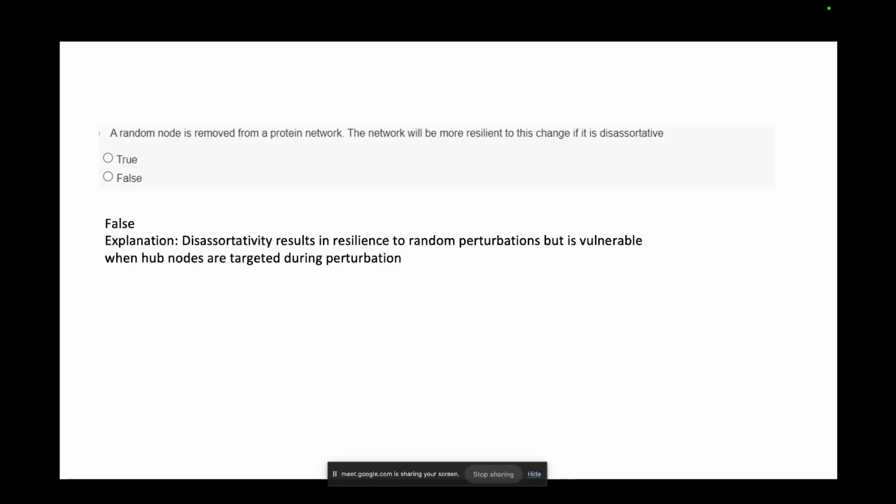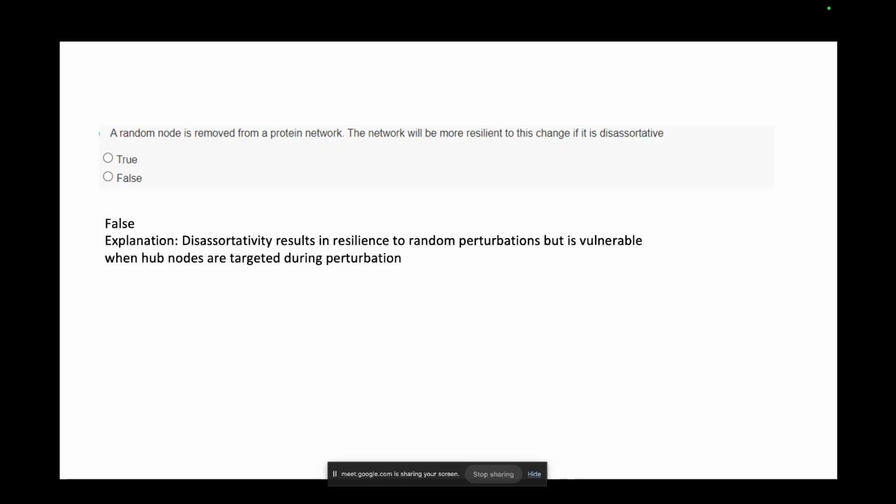I understand what you're saying, but the point is if you have a higher disassortative index, it means you have a lower resilience. So if your network is disassortative in nature, it generally has a lower resilience.